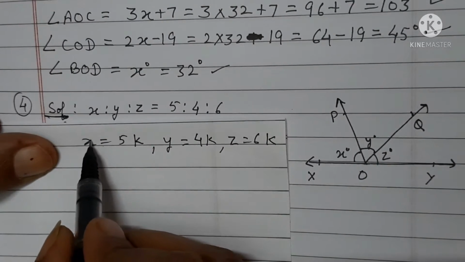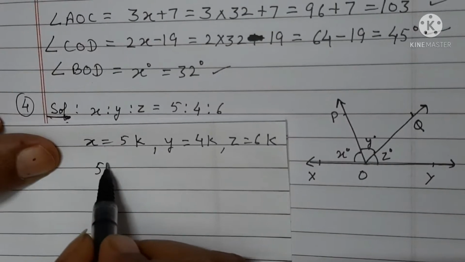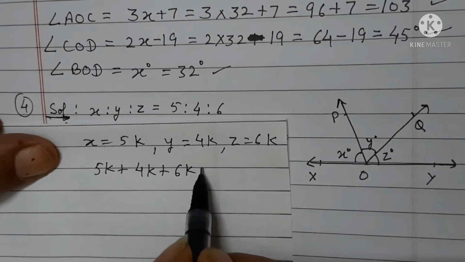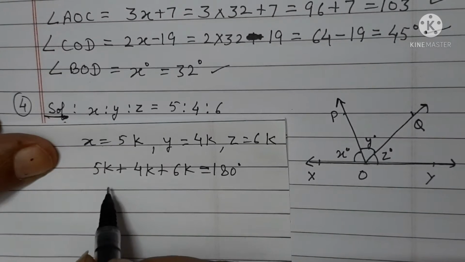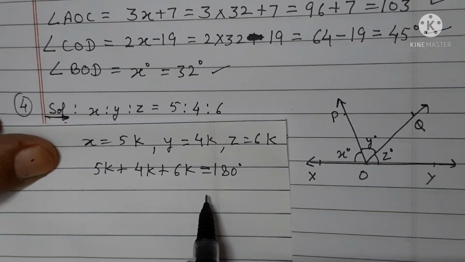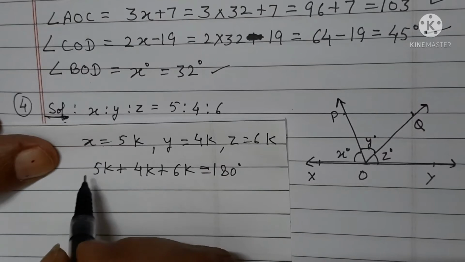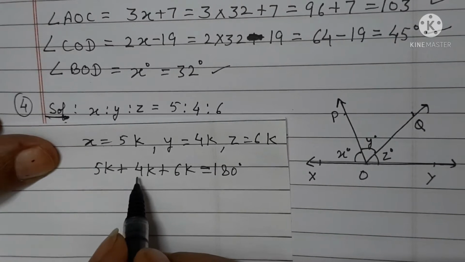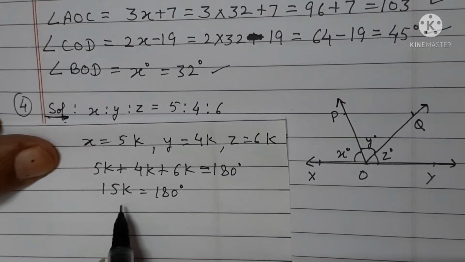Now the sum of the angles 5k plus 4k plus 6k is equal to 180 degree, and write the reason. Since all the angles on the same side of a line at a point are 180 degree, as I mentioned in question number 3. So give the reason. Now this becomes 15k is equal to 180 degree.